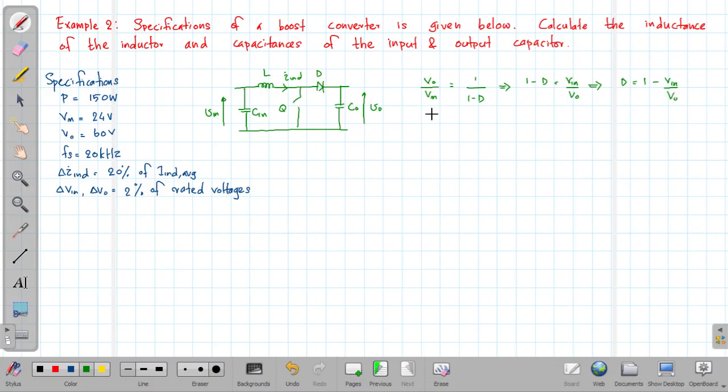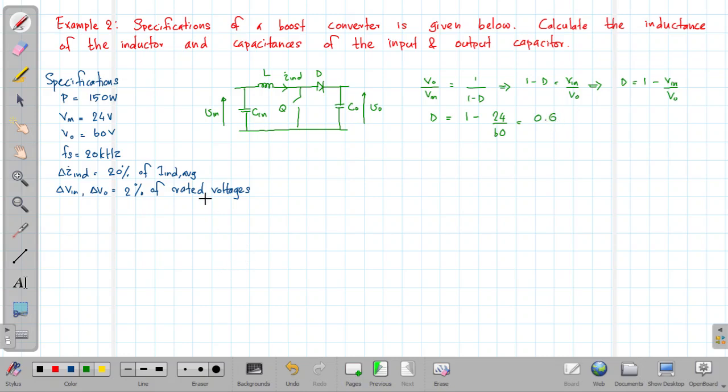So we can calculate the duty ratio for this example. V in is 24 and V out is 60. When you calculate 1 minus 24 divided by 60, you get 0.6 as the duty ratio.